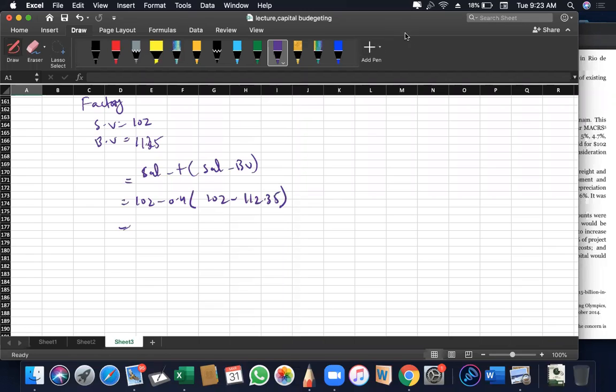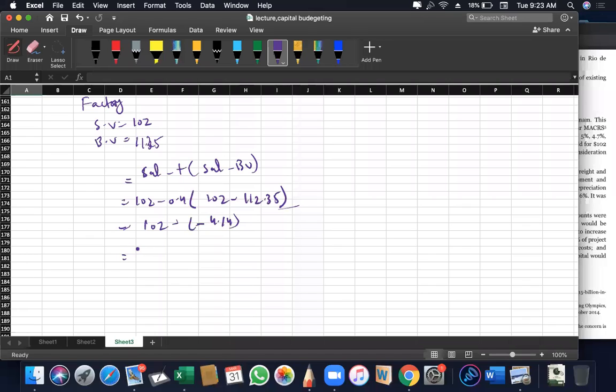So here we get 102 minus, 102 minus 112.35 multiplied by 0.4. So it is minus 4.14.